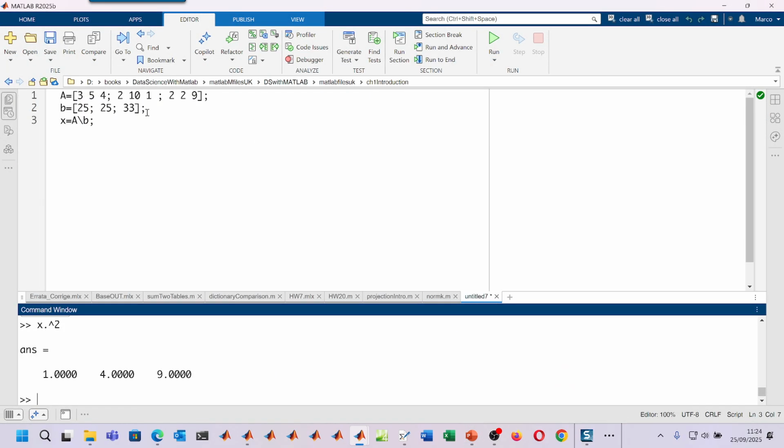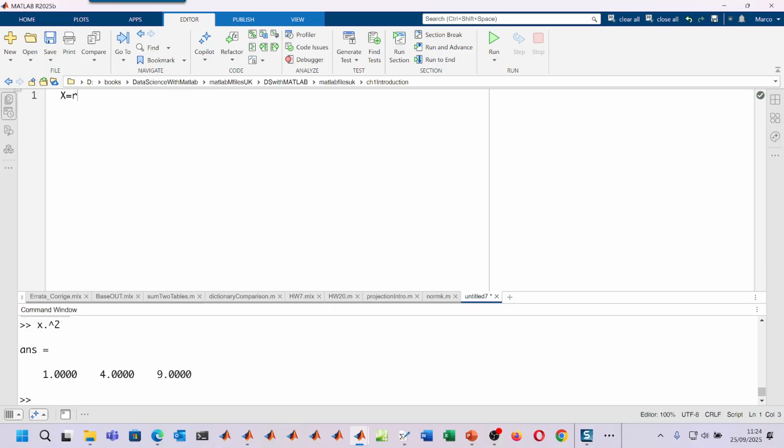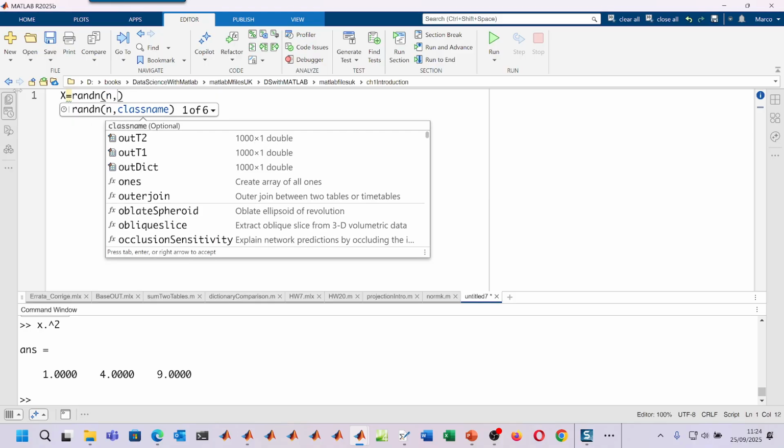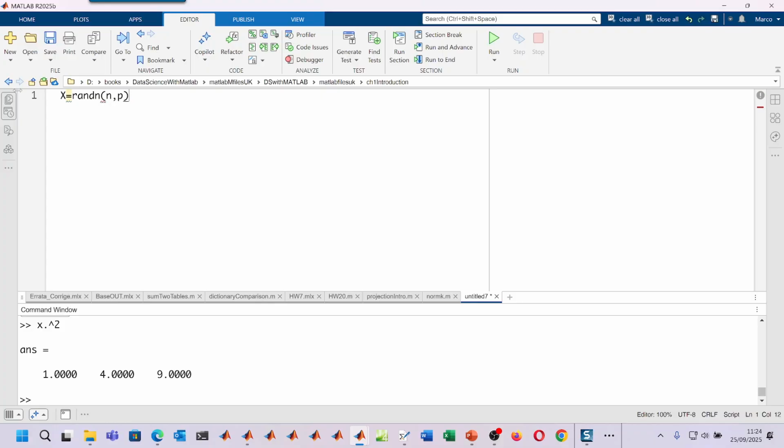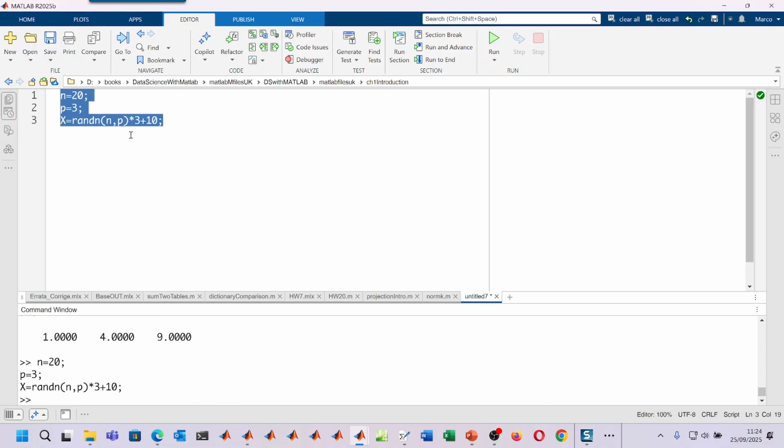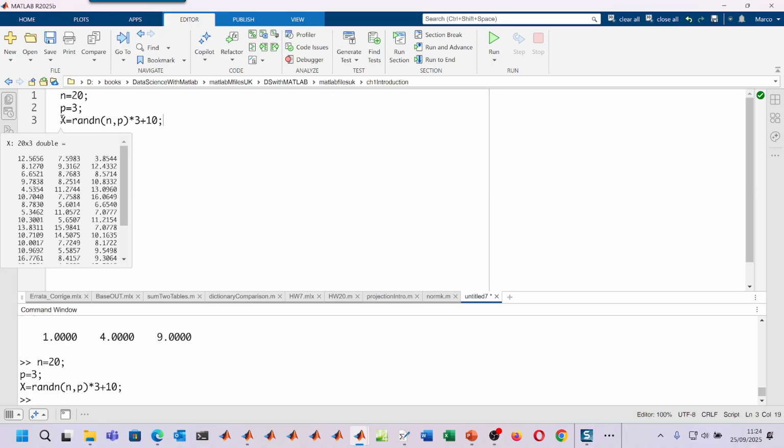For example, x is rand, n times p, times 3 plus 10. Let us suppose now that n is equal to 20 and p is equal to 3. So this is our original data matrix, which contains the rows, the units, and then 3 variables.